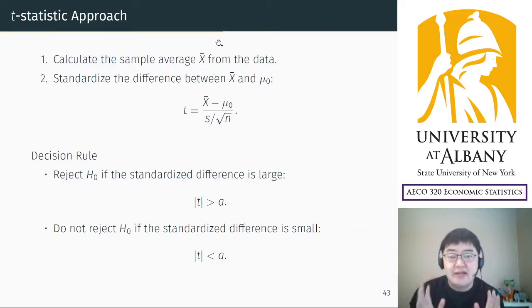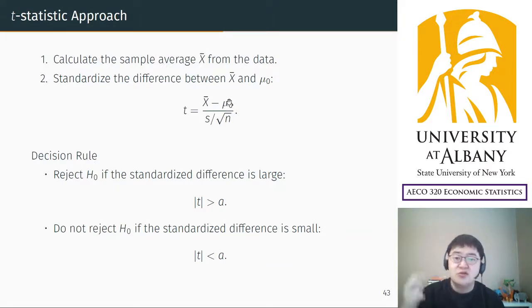So that's the main difference between the p-value and the t-statistic. Often the t-statistic itself can say something. For example, if t equals 2, that means x bar, the observation, is 2 standard errors above your belief.